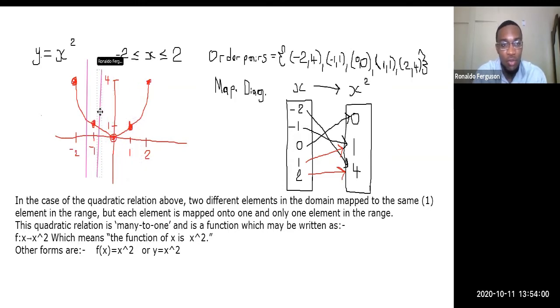Anywhere on the graph we move the vertical line, it only has 1 point of intersection. And so what we then say is that y equals x squared is a function. All right. So we can use the vertical line test to determine if we have a function, yes or no.